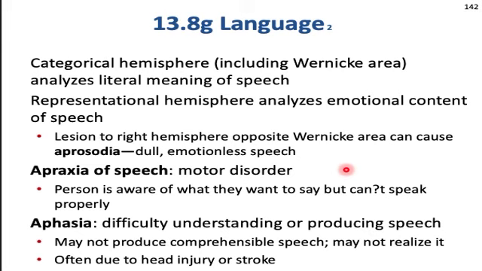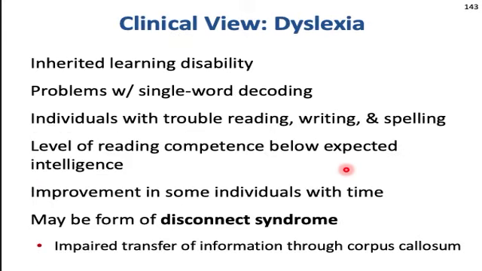Because we can't get it to the motor cortex to do what we want, okay? Or if it's a problem with understanding it, then we probably have problems connecting the memory of language back to Wernicke's area, or connecting Wernicke's area to other memory areas, okay?